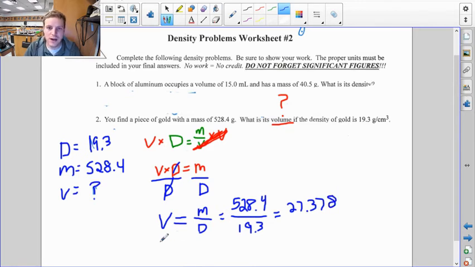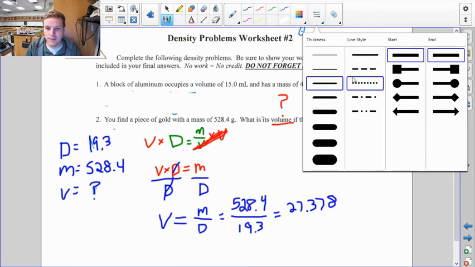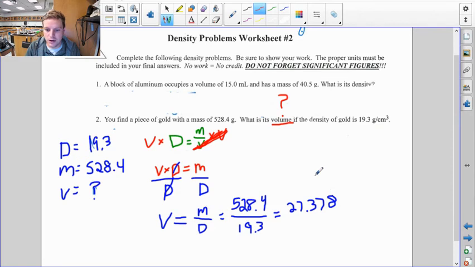How many sig figs do I have to have? Well, my mass has 4 sig figs. My density has 3 sig figs. And so my answer has to have exactly 3 sig figs. No more, no less. So that's where I'm going to have to draw the line. So if I were to draw the line here, I'm going to have to draw it after my 3rd sig fig. Okay.